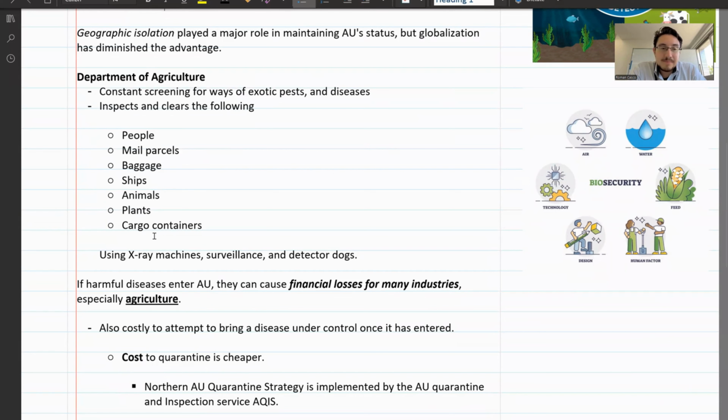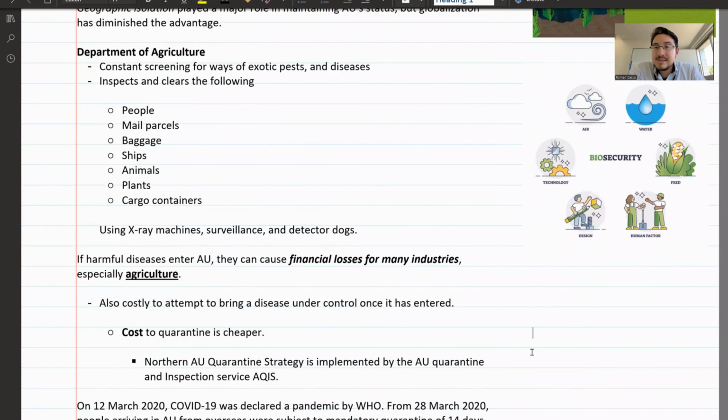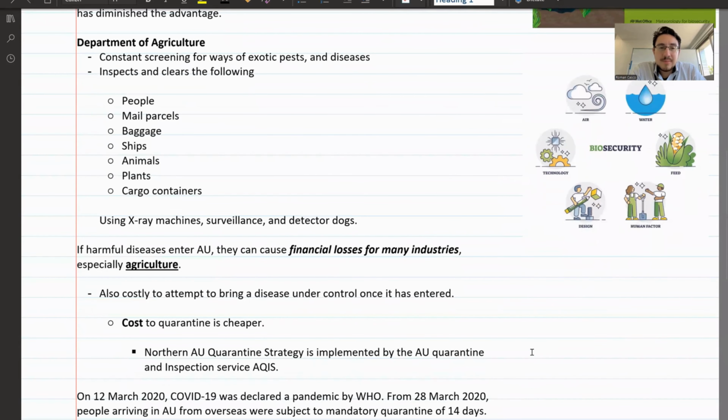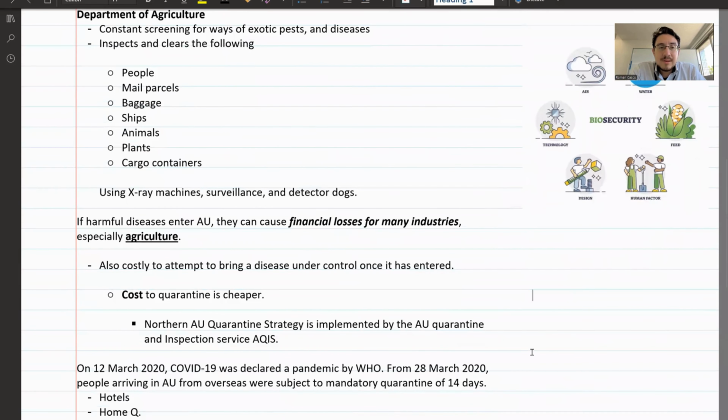Animals, plants, all of these things are surveilled heavily, right? X-ray machines, physical surveillance, even other organism detection, like dogs. They can scent certain pesticides, certain pests, certain aromas of plants, and so forth, right? So they don't get inside. Okay. So biosecurity, very, very important.